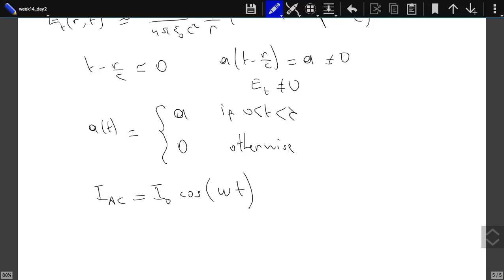So the current at one instant is moving in one direction, at the next instant it is moving in the other direction. If you consider any one charge, it is just moving back and forth. So the acceleration of a single charge will be equal to, let's say, A0 cosine omega t.